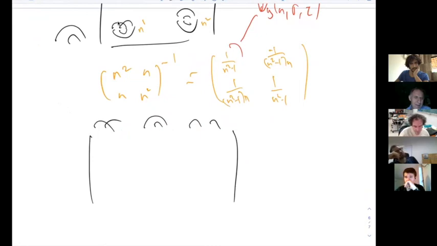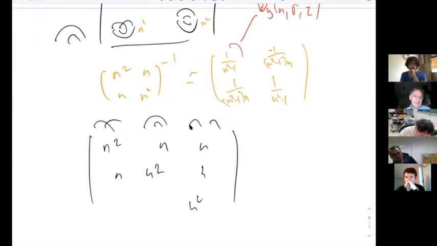You have this one because what you did here is you linked some U with some U and some U bar with some U bar, which is forbidden in the complex world. But in the real case, it's not forbidden because we don't make a difference between U and U bar. And then what you get is n square, n square, n square, n, n, n, n, n.